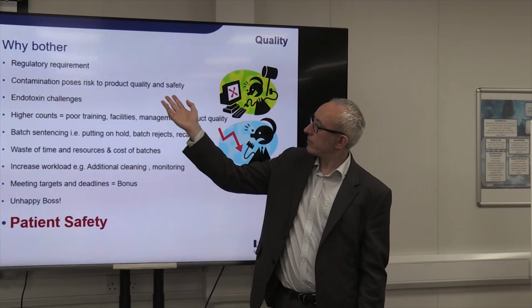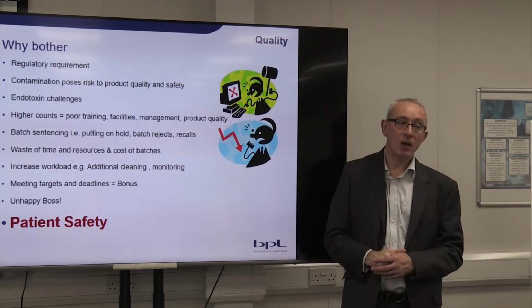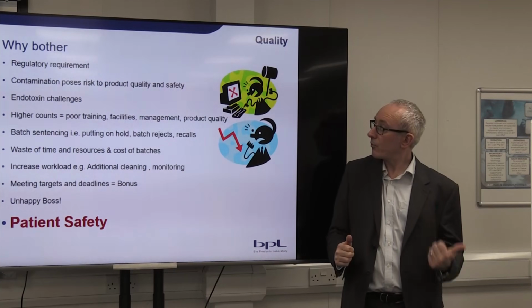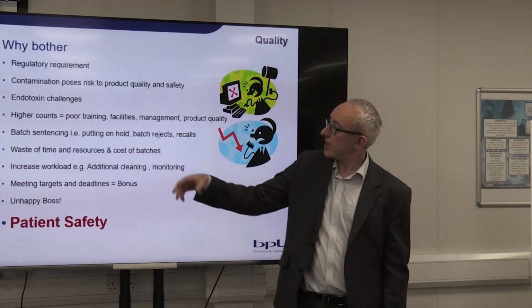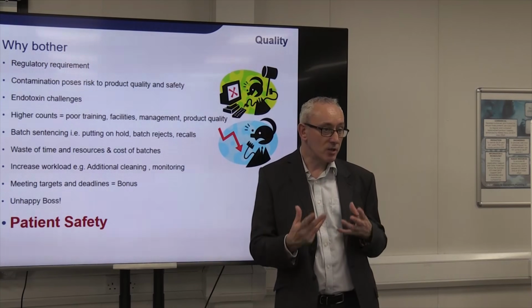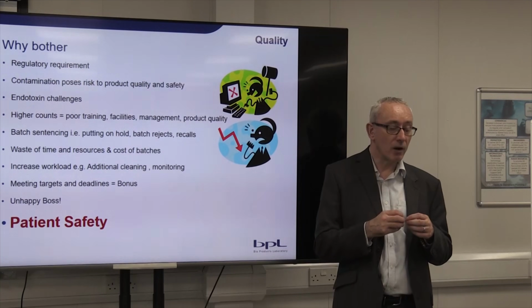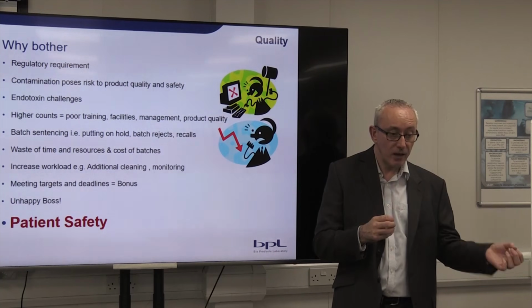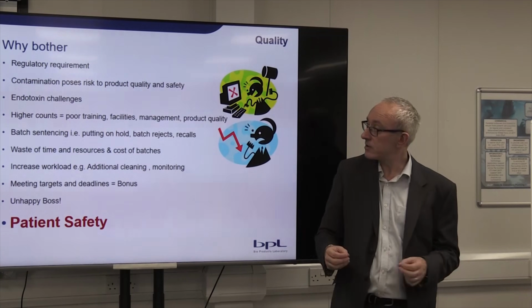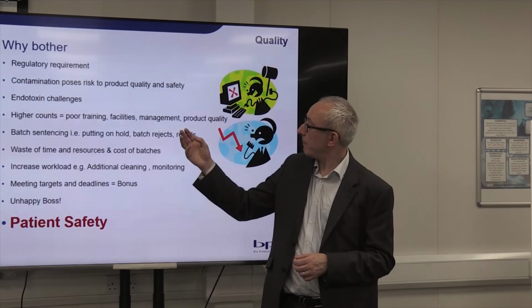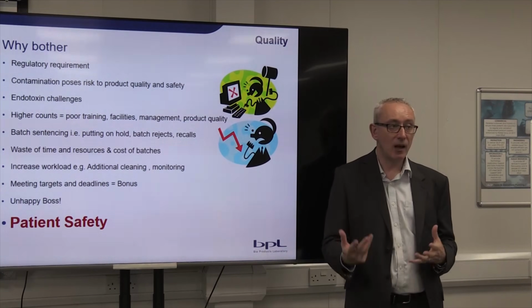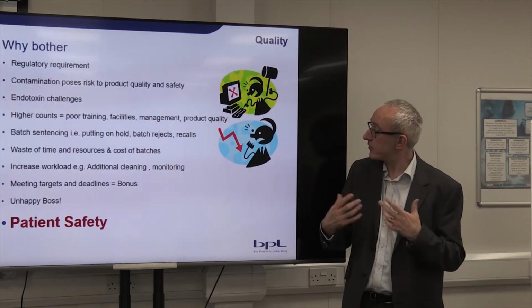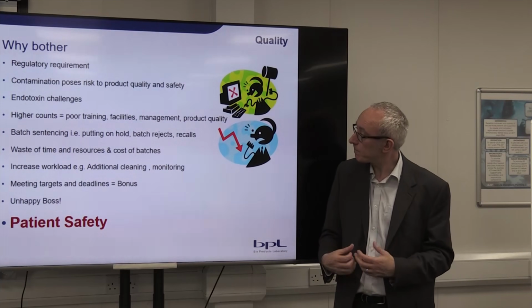We've also seen that contamination poses a risk to product quality and to safety. There are challenges around toxins as well. So some microorganisms might die, but they produce poisons. There are also aspects leading into how effective our training is, how the facilities are managed, and so on.